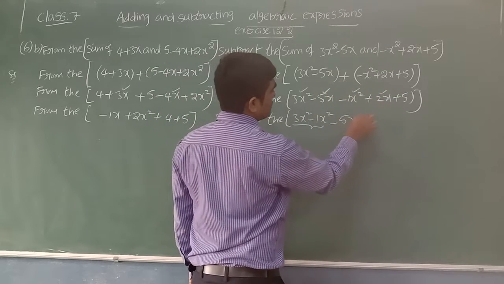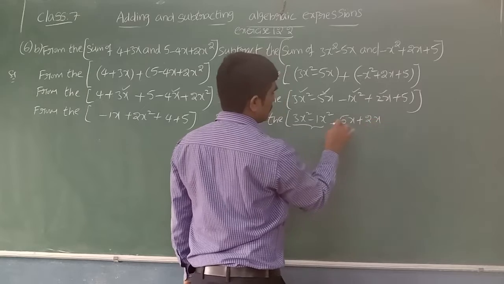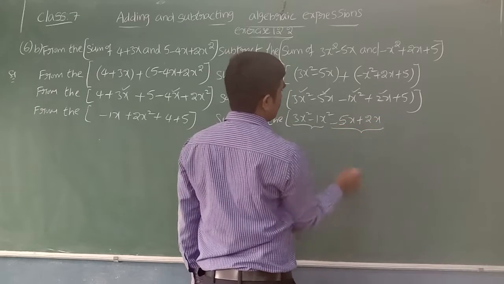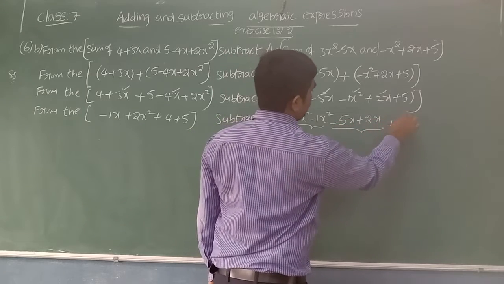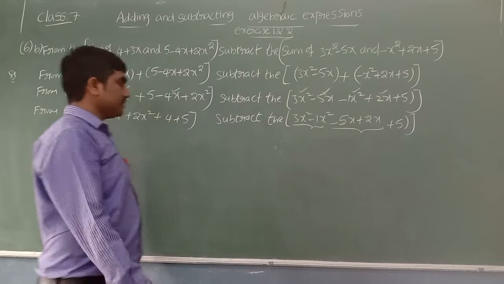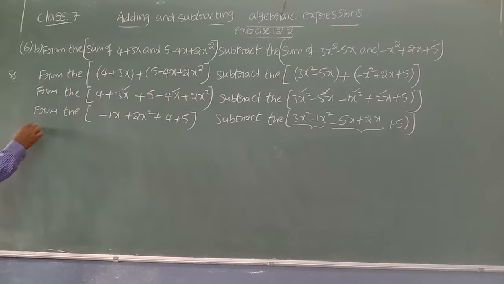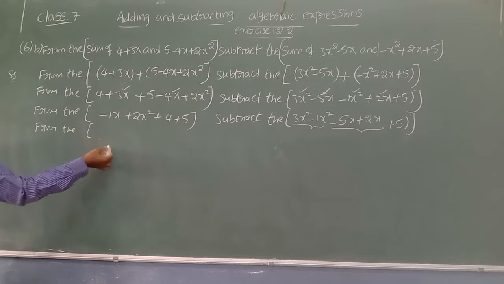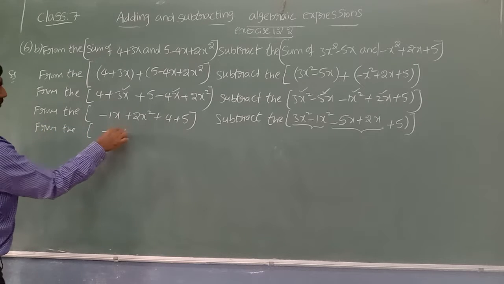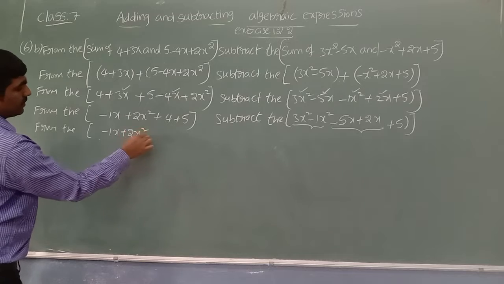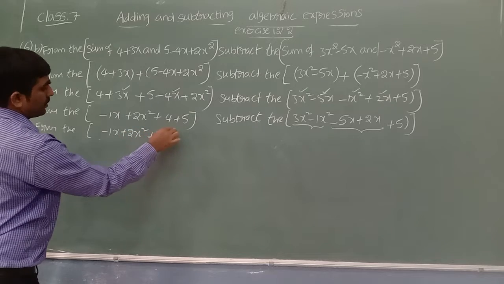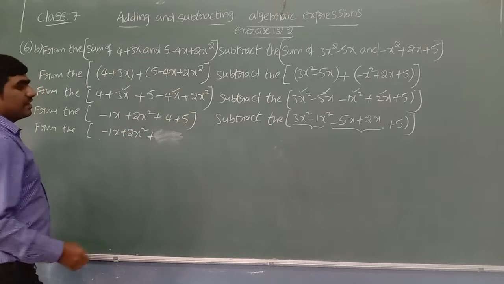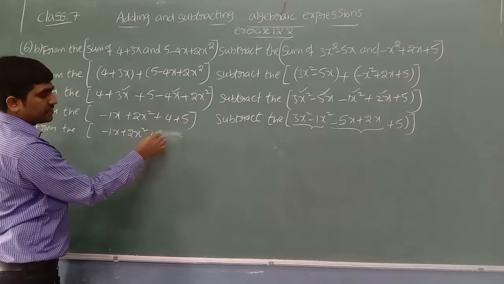Now the constant is only one, which is plus 5. Now we simplify in this step. Here, minus 1x plus 2x square plus 4 plus 5. Here we can simplify this constant: plus 4 plus 5, 9.